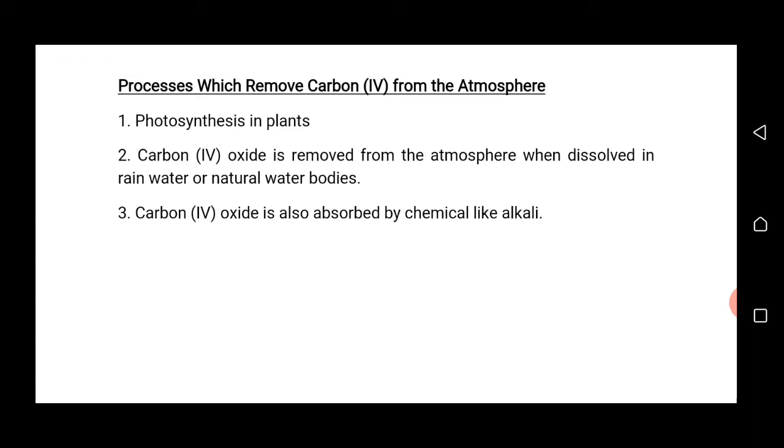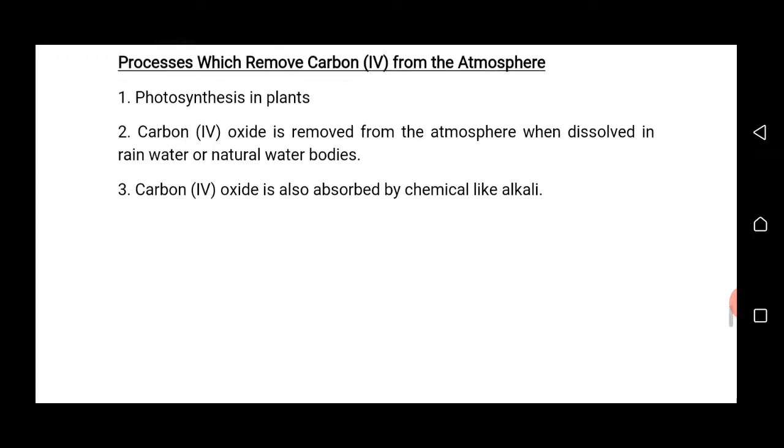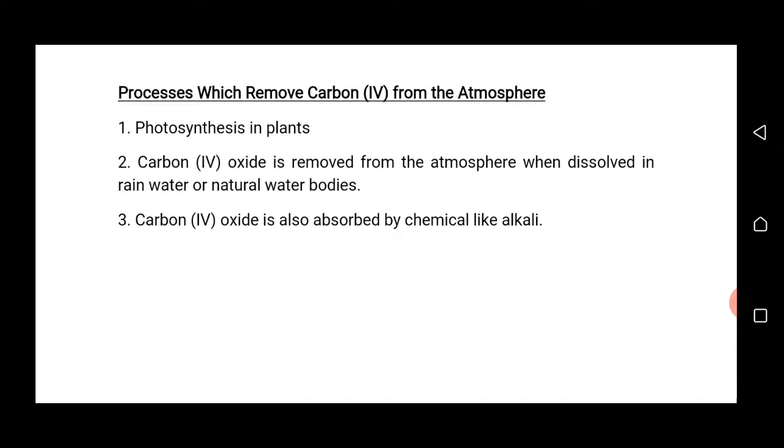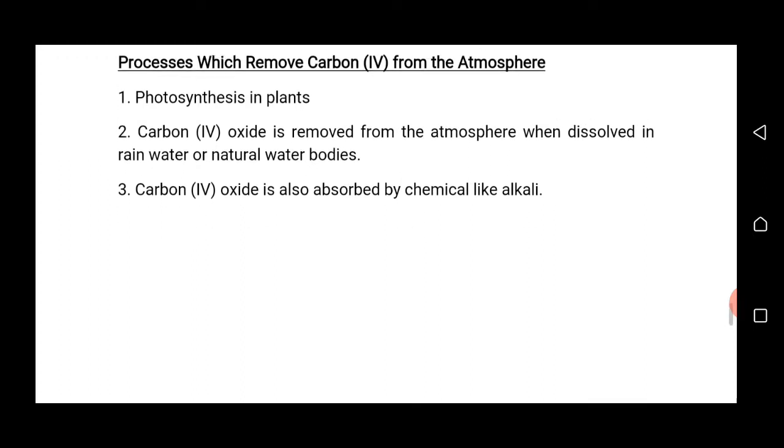So during photosynthesis, sunlight is required, and CO2 is also required. So during photosynthesis, CO2 is being used up. So this is one of the processes which remove CO2 from the atmosphere.